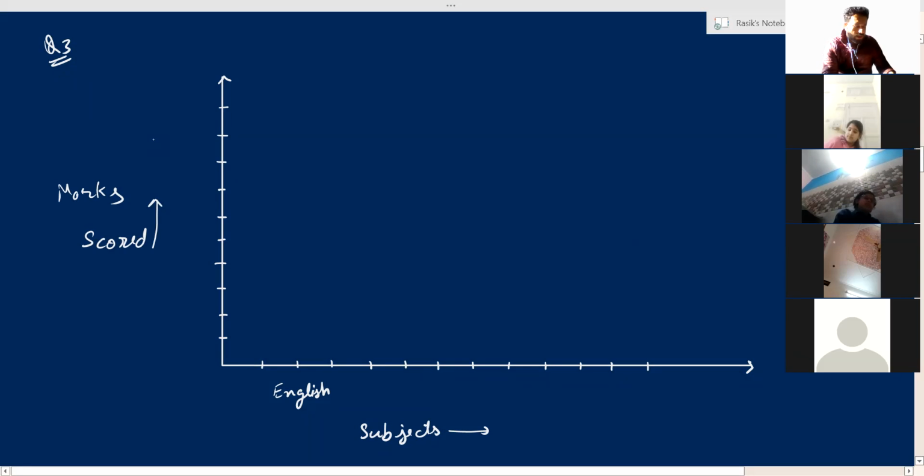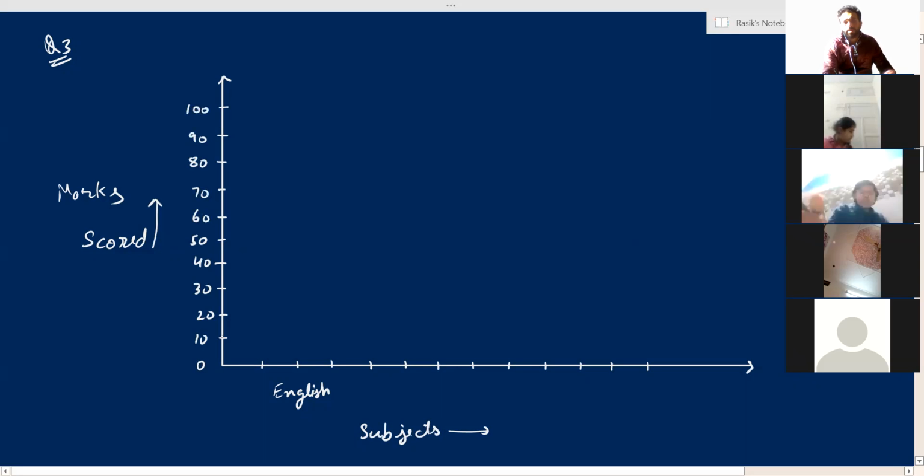Now, what scale will you take here? You can take a scale of 10: 10, 20, 30, 40, 50, with 0 at the bottom, 60, 70, 80, 90, and 100.